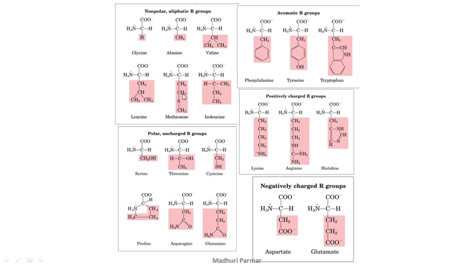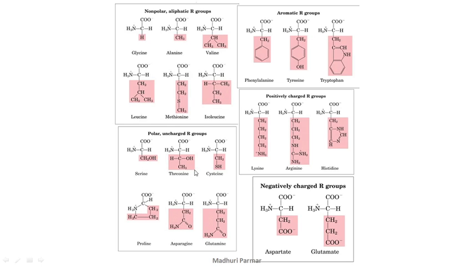Then you have polar but uncharged R groups. They have some partial positive, partial negative charge, but they do not have any positive or negative charges. Clear? So there is serine. Here, the oxygen will try to attract electrons from the hydrogen, which is why that oxygen is partially negative and that hydrogen is partially positive, which is why this OH group will always be polar, right?